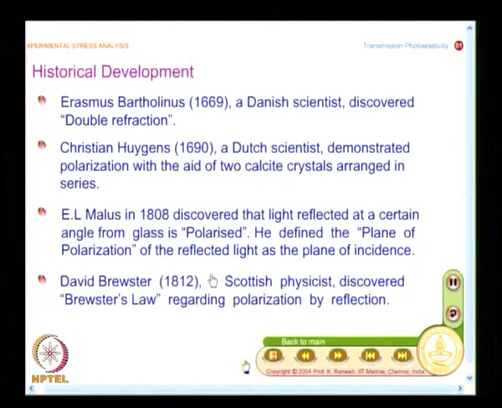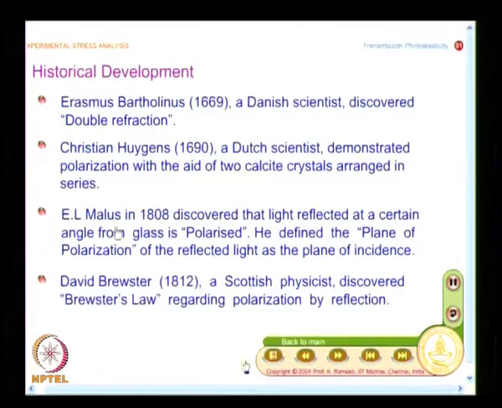We see that very quickly now. So, you have to have a concept of double refraction, then they understood what is polarization, then Malus found out that light reflected at a certain angle gets polarized, and it was Brewster who formulated this as a law. It is in his honor the law is given, and we also know that Brewster found out temporary birefringence, then photoelasticity got developed.